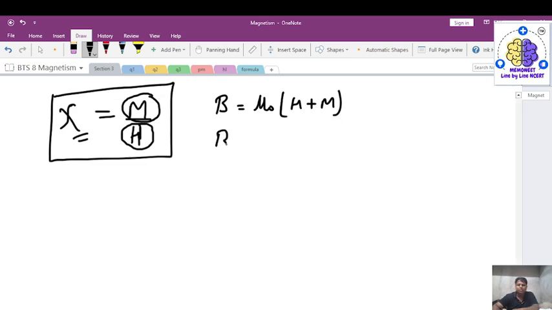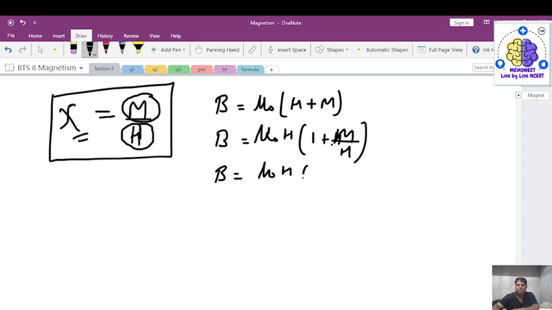So B will be equal to mu naught into H into (1 plus M upon H), and then we will have B is equal to mu naught into H into (1 plus Xi).